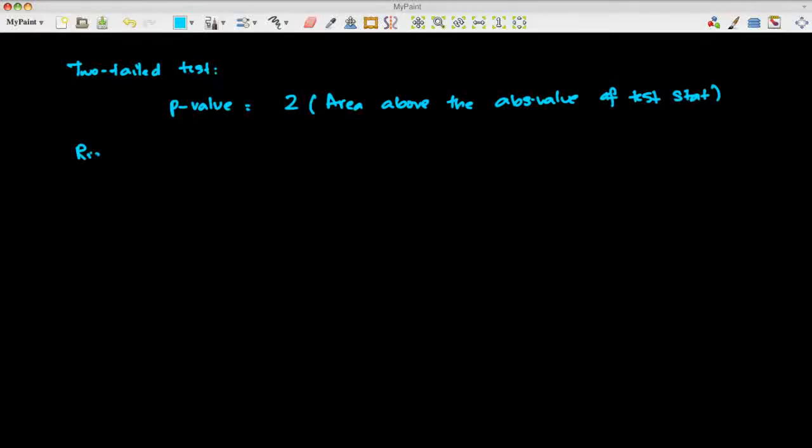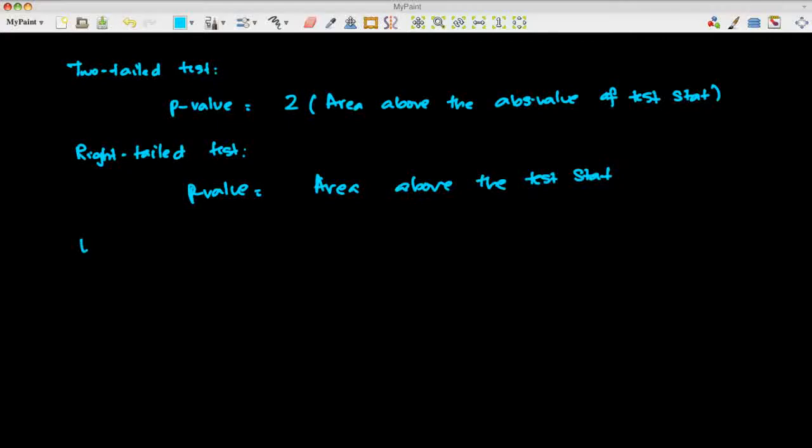For a right-tailed test, p-value is the area above the test statistic. And for a left-tailed test, the p-value is the area below the test statistic.